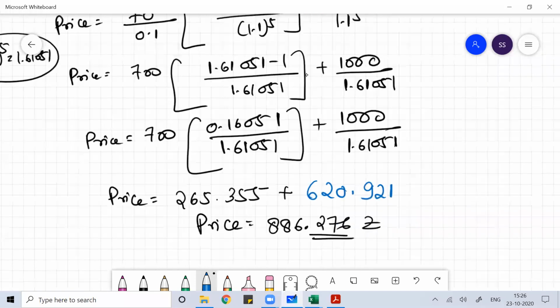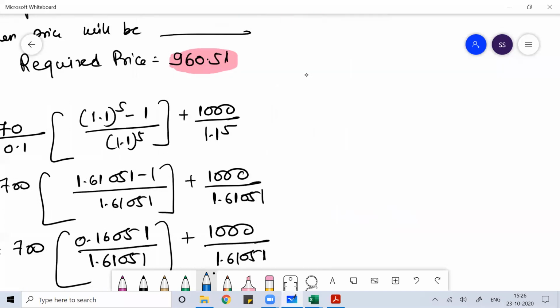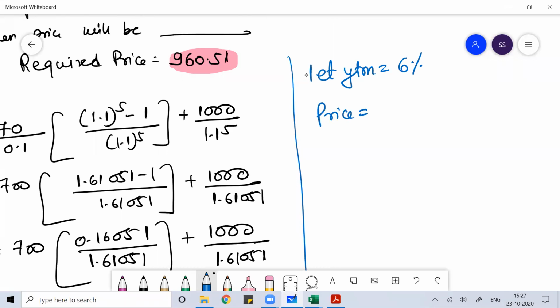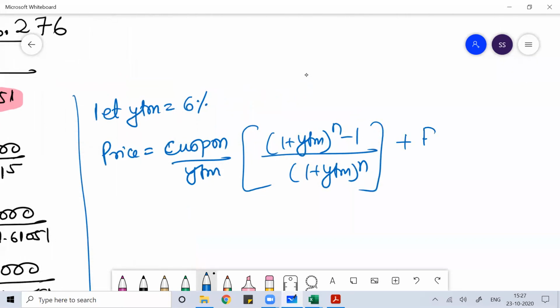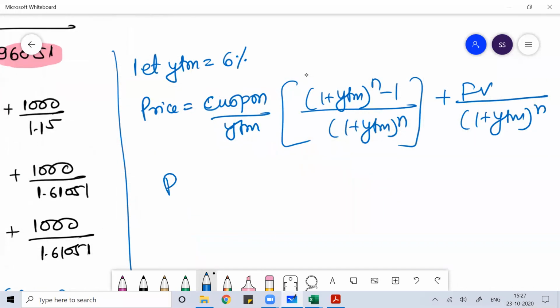So let YTM be 6%. The price would be the same formula: coupon divided by YTM into ((1 plus YTM) to the power n minus 1) divided by (1 plus YTM) to the power n, plus face value divided by (1 plus YTM) to the power n. So coupon is 70, and YTM I assume 6%.